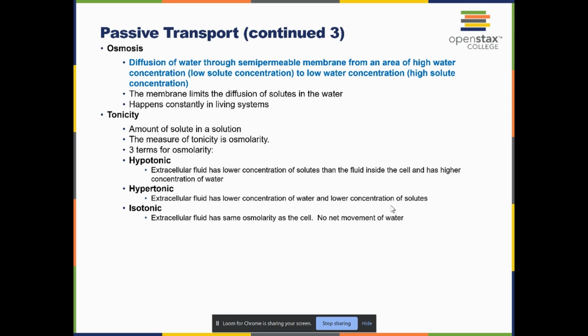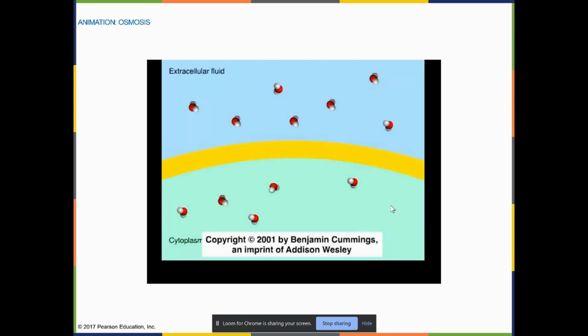If a solution is hypertonic, it has more solute and less water than another solution. And substances that are isotonic have the same amount of solute in water as another substance. So we would only use the terms hypotonic, hypertonic, and isotonic when we're comparing two different solutions. And solutions are generally made up of solute and solvent, or solute that's dissolved in solvent. So an example of a solute would be salt, and it would be dissolved in water, the solvent.